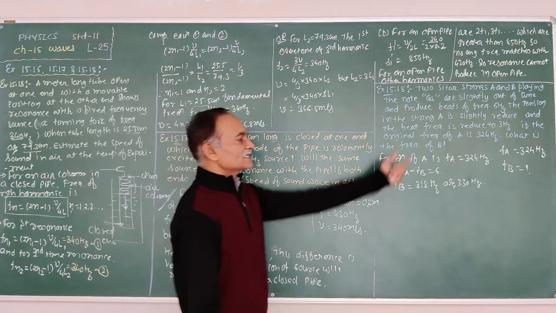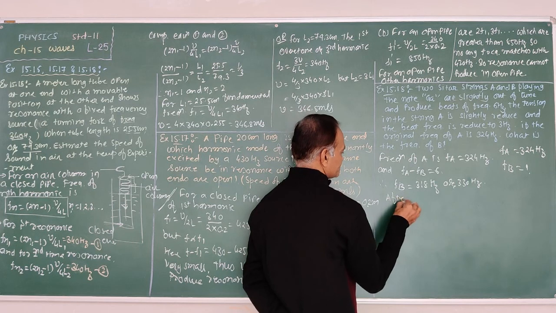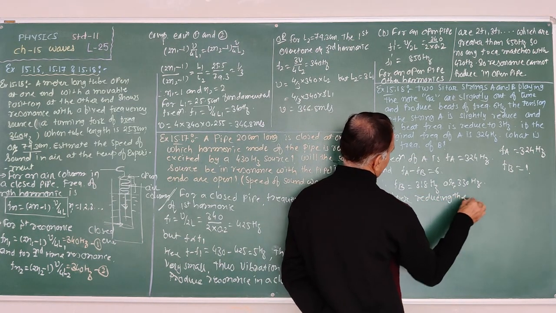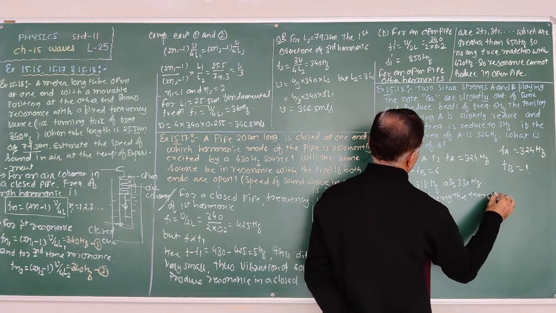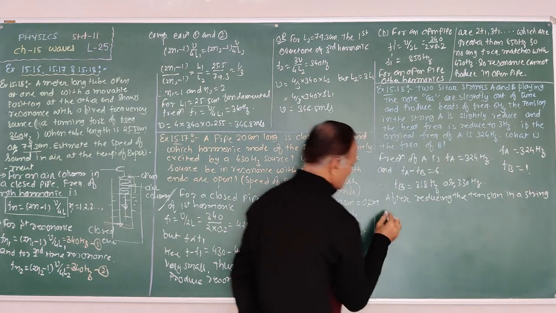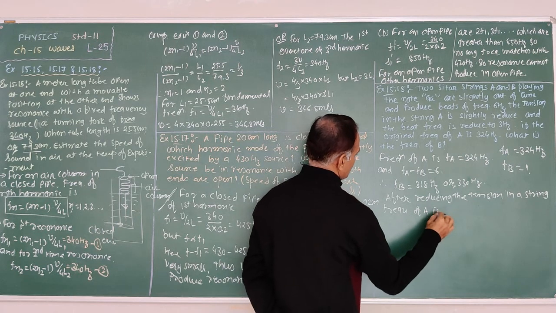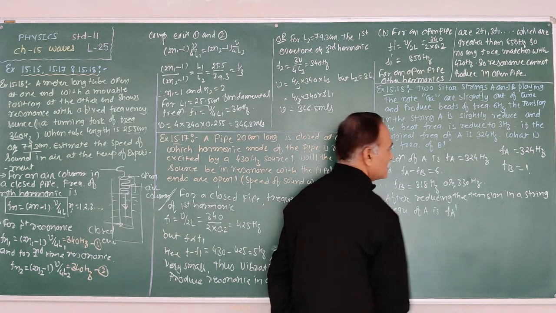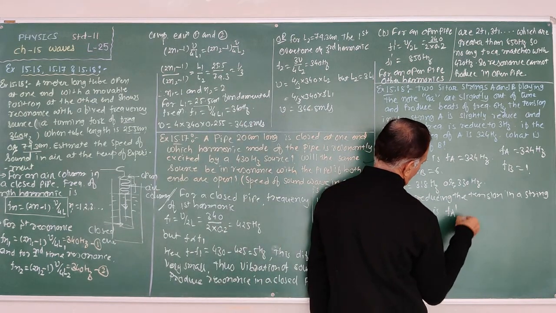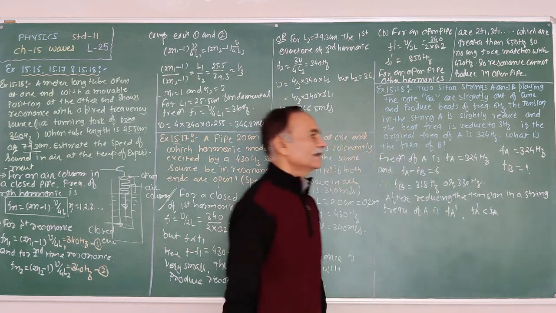Now the tension in string A is reduced. After reducing the tension in the string, the frequency of A is FA dash, which is less than FA.